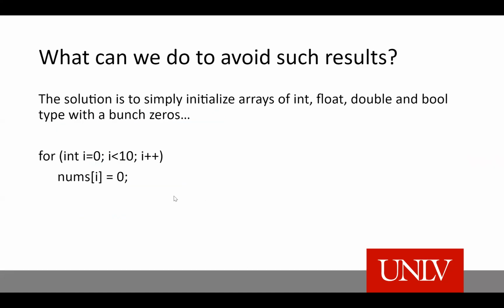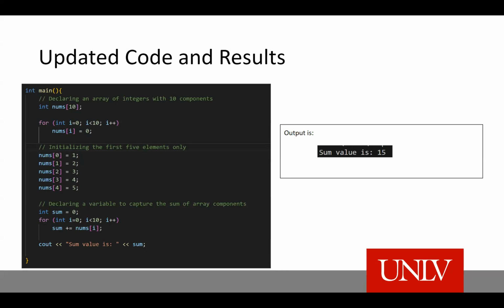To overcome this, whenever I'm declaring an array, I'll initialize it with zeros. It's ideal to do this for int, float, boolean, and double data types, because I don't want them to contain garbage values, but rather a value of zero.